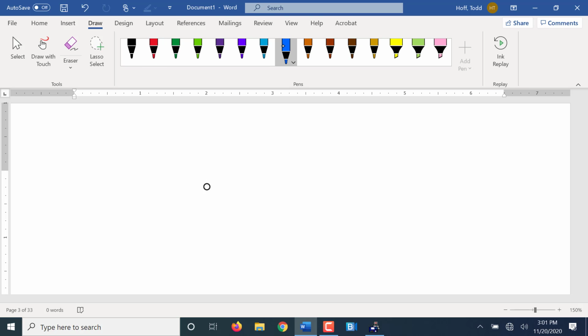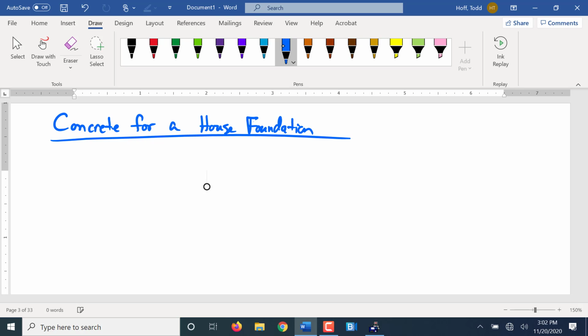One of them is an application of this stuff. If we were trying to find concrete for a house foundation, there are 3 pieces to a foundation for concrete.